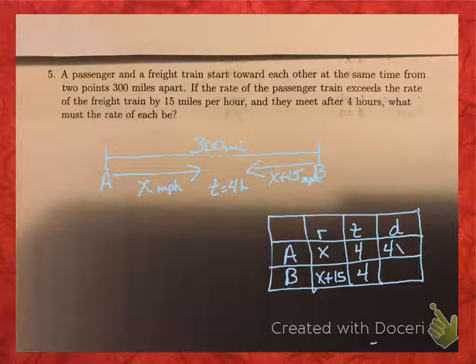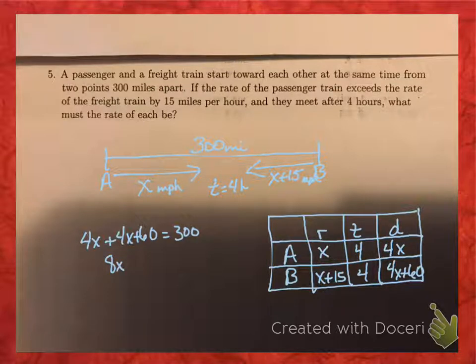Multiply them together, I get 4X for A. For B, I get 4X plus 60. We're going to add those together. 4X plus 4X plus 60. Did I say 4X plus 40? 4X plus 60 equals 300.